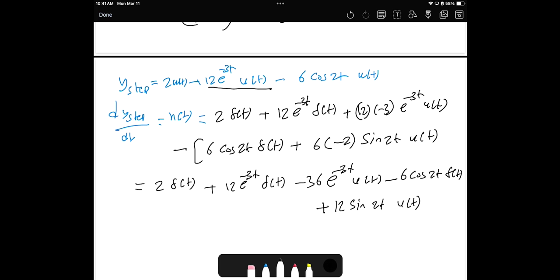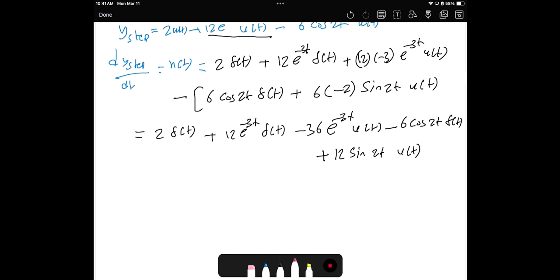Now, is it really the same as the answer that we did before? Our answer before for h of t was 8 delta of t minus 36 e power negative 3t u of t, then plus 12 sine 2t u of t. Is it the same? Doesn't look the same, right? What's the challenge? This is an interesting thing because I want you to think about it.